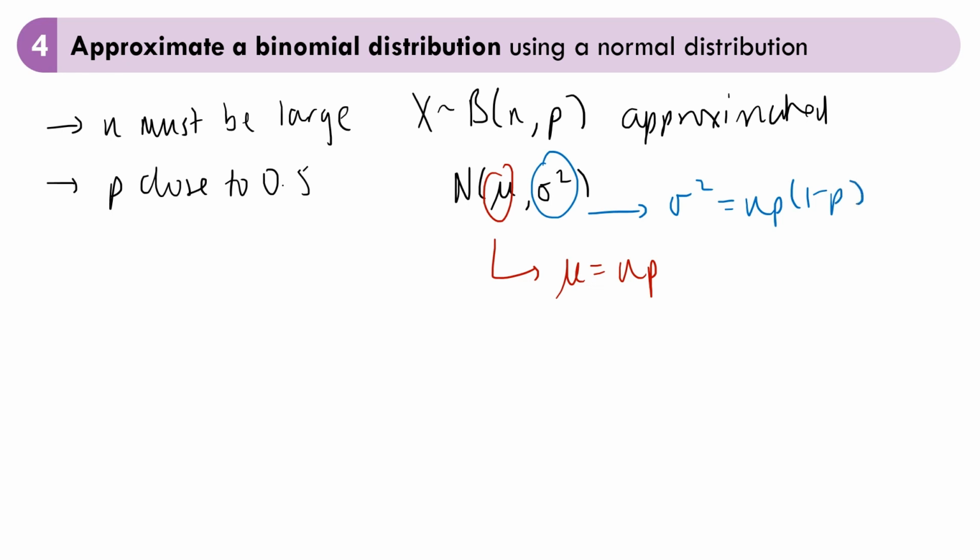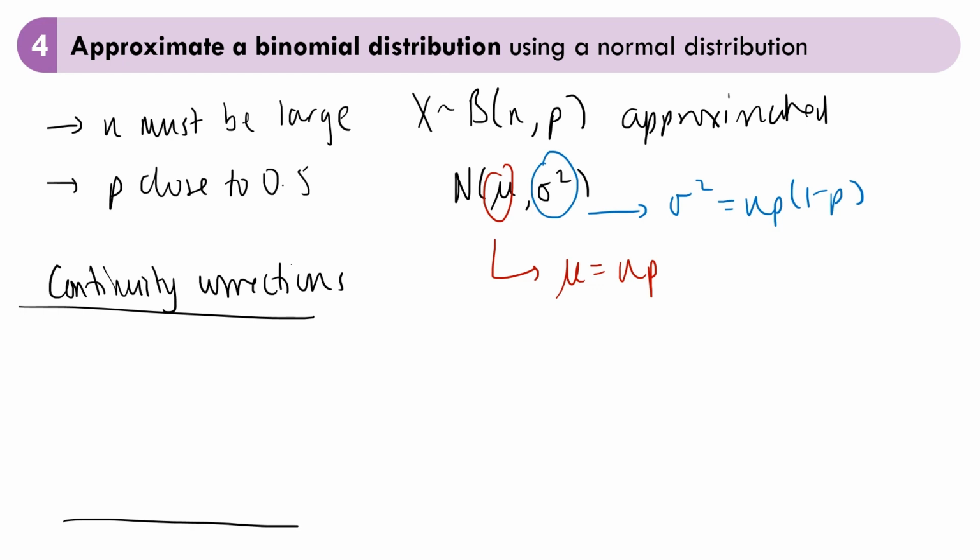Now when we do this, we have to apply something called continuity corrections. Now these continuity corrections account for the fact that the binomial distribution is discrete and the normal distribution is continuous. So for example, if these bars show the probability for a binomial distribution, okay, it looks something like this.